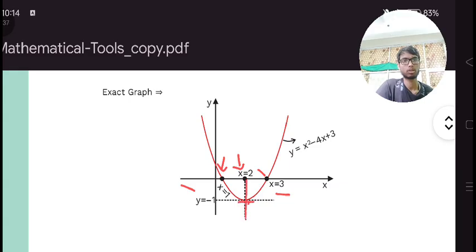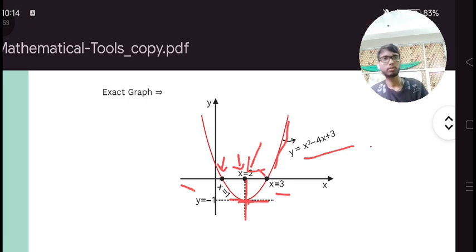This is the intersection. We are not caring about x as 2. So this is the curve of y is equal to x square minus 4x plus 3.